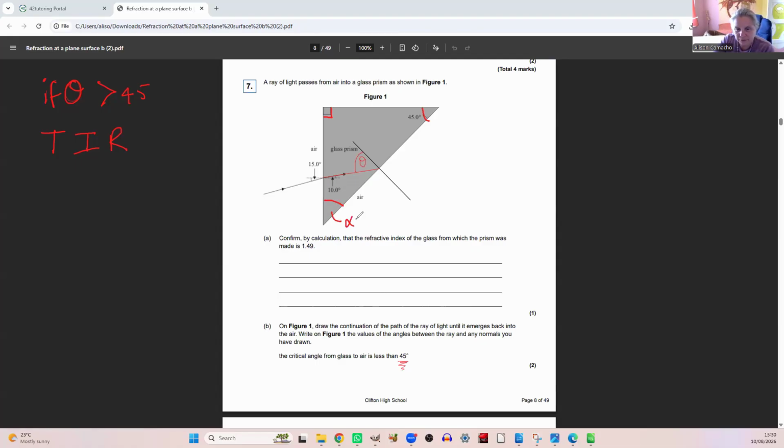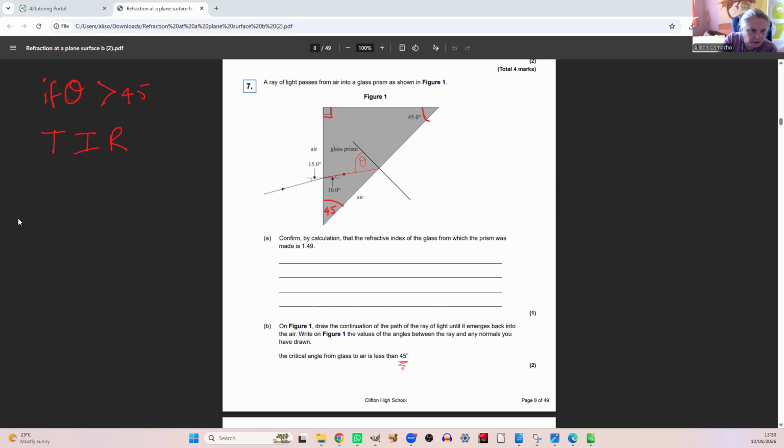I'm going to call it alpha. Tell me what alpha is. Hugo's way ahead. Yeah, it's 45 degrees because the angles in any triangle add up to 180. So that one's 45.